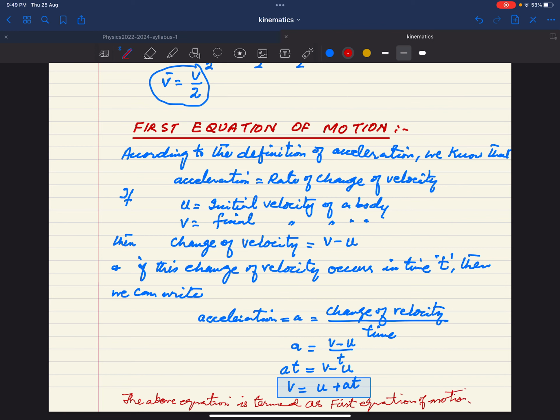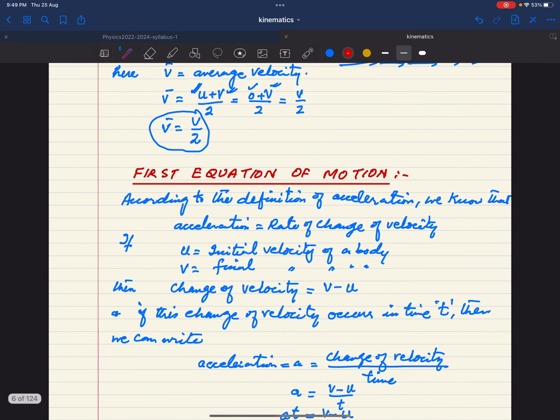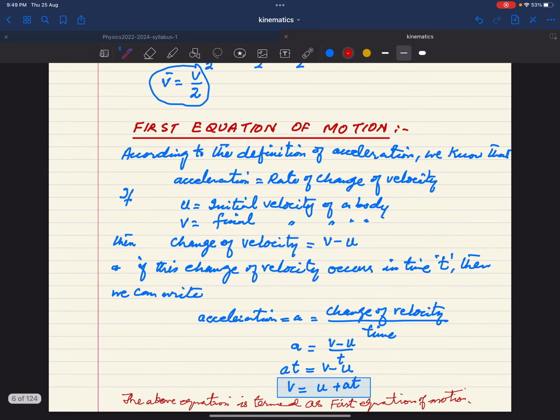Fine. So this is very important, how you can develop the first equation of motion. These are very simple steps, and you can very easily get this equation v is equal to u plus at.